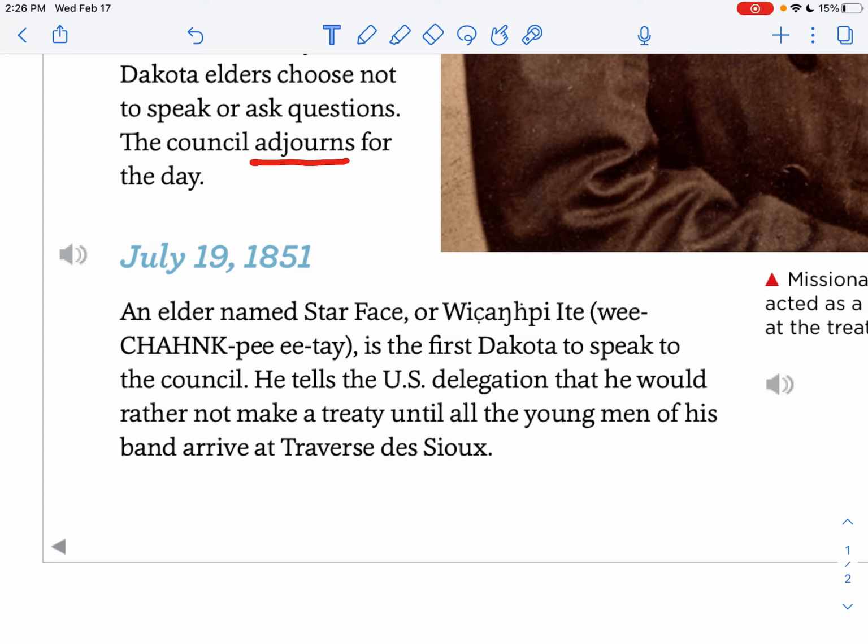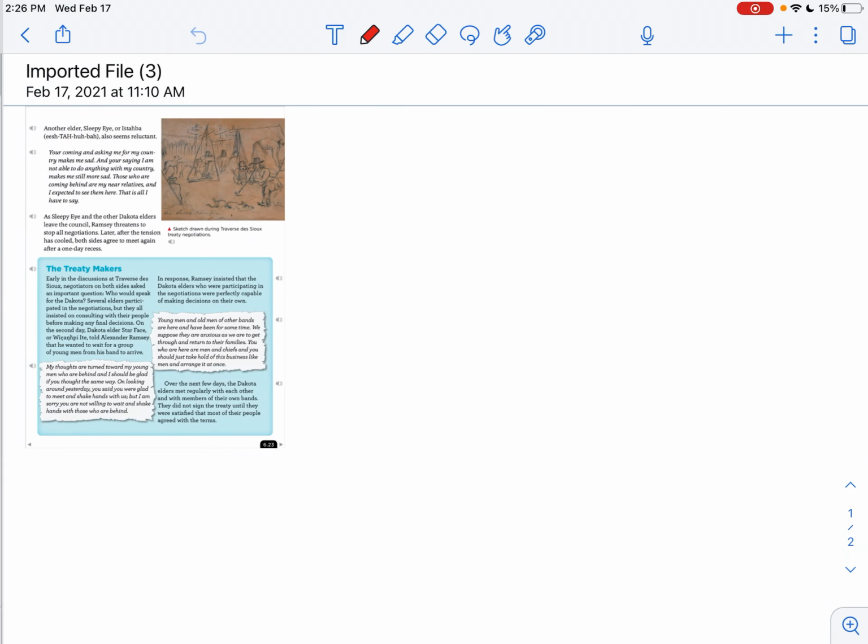He tells the United States delegation that he would rather not make a treaty until all the young men of his band arrive at Traverse des Sioux. Interesting.